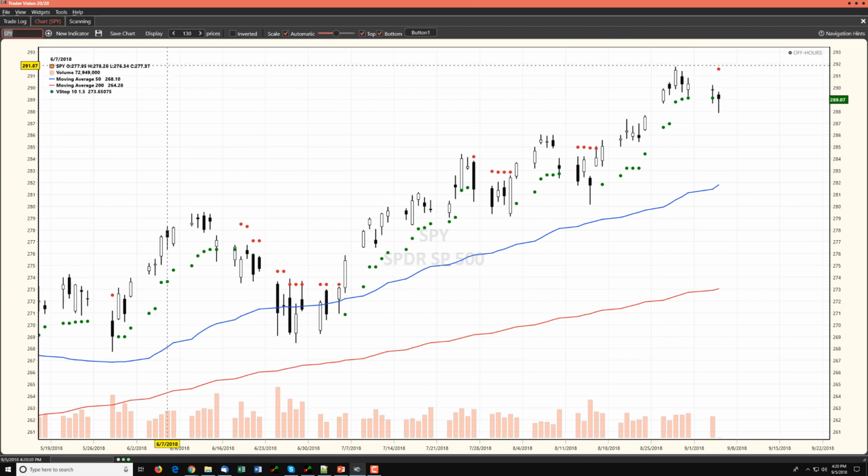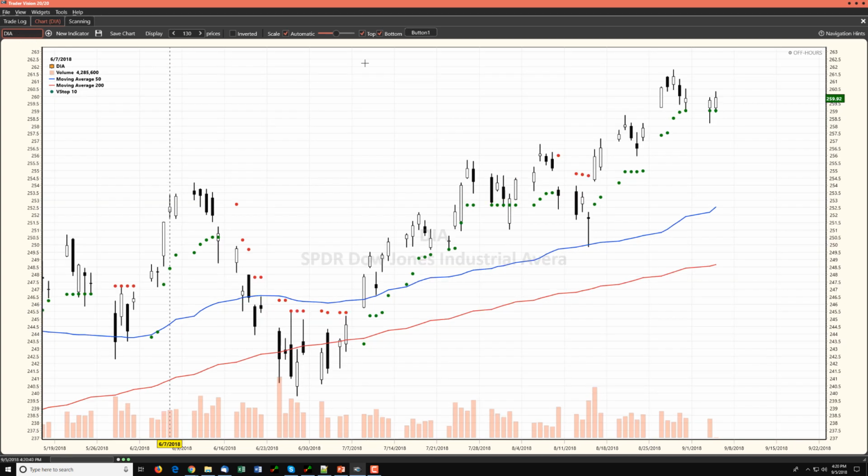In the diamonds, we're still green. So the IWM and the diamonds, the small caps and the large caps, are both bullish as far as that trend indicator is concerned. And then the Qs.